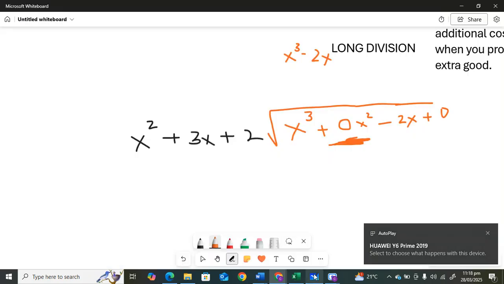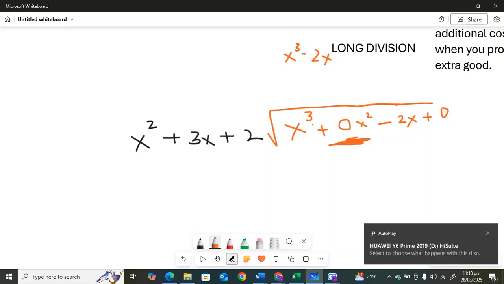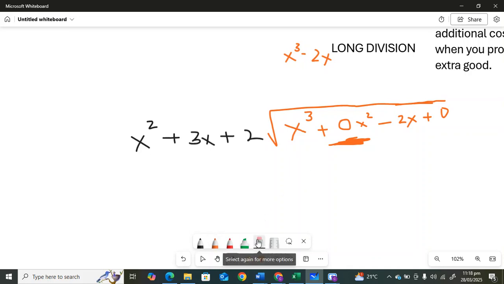Any questions, colleagues? So you put the expression in descending order so that you can easily divide. If you miss this, for example, if you miss this 0x squared, you're going to see as the process goes, there will be a point where you can't subtract anymore.